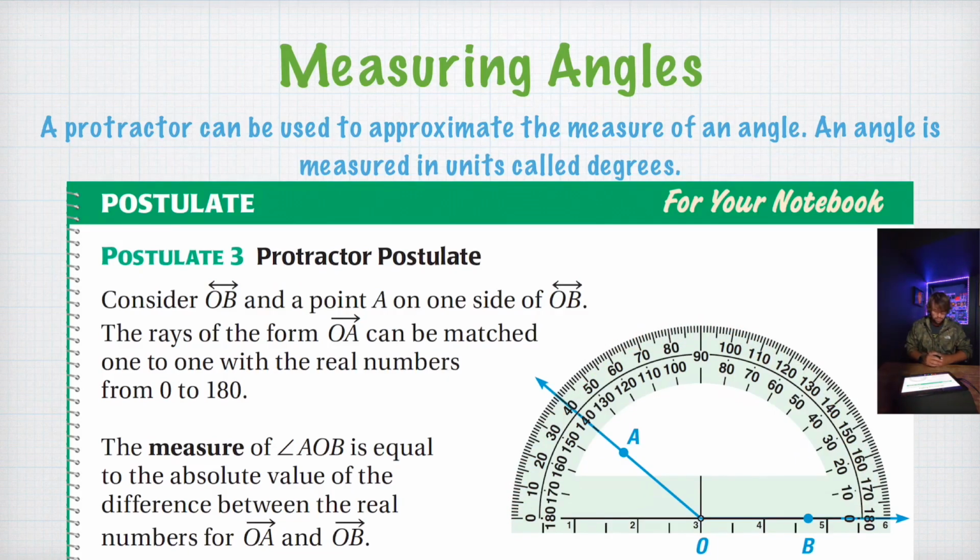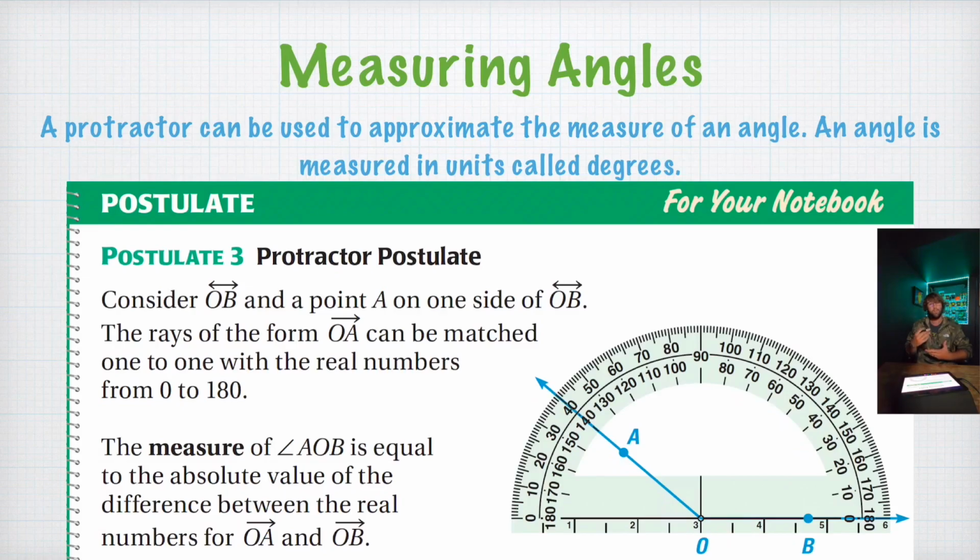The measure of angle AOB is equal to the absolute value of the difference between the real numbers for OA and OB. So OB crosses at 180 if you're looking at the outside numbers, and OA crosses at 40. So 180 minus 40 would be 140 degrees.